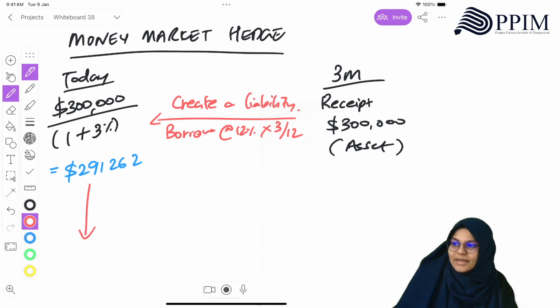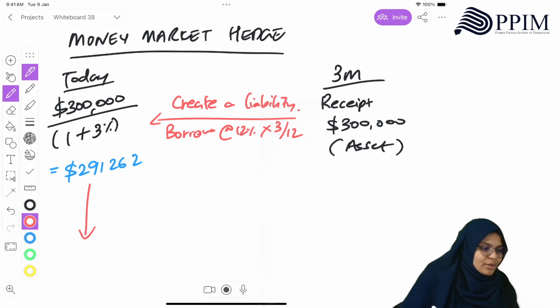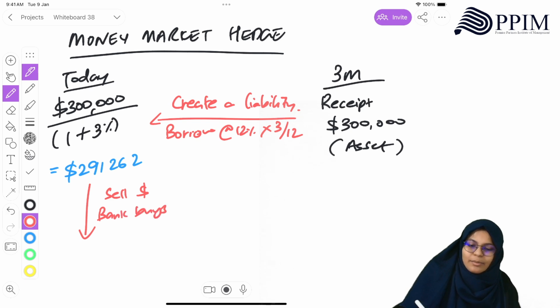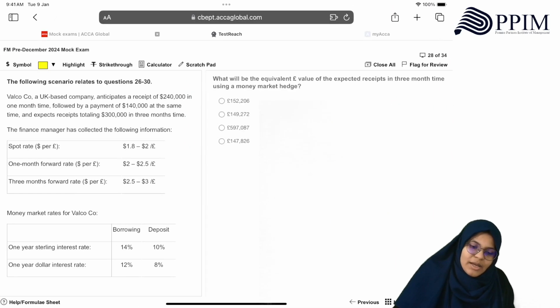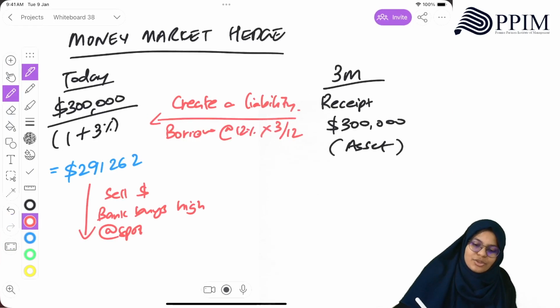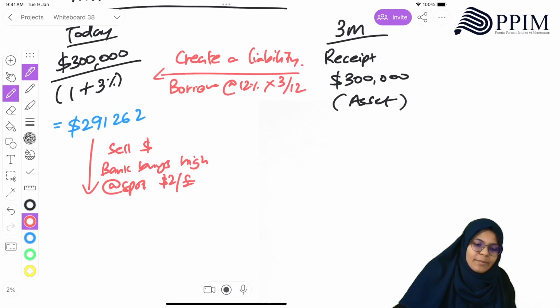I am UK based, I don't want dollars. So what will I do? I will sell the dollars. Bank buys from me. They always buy at the high rate. So whatever the spot rate is, you have to take the higher figure. So current spot rate is 1.8 and 2. So you take the higher rate, which is 2. Okay.